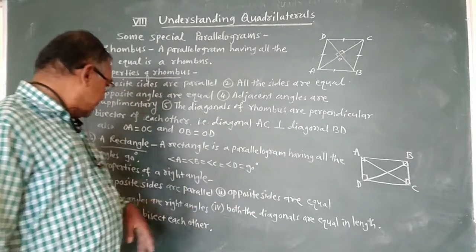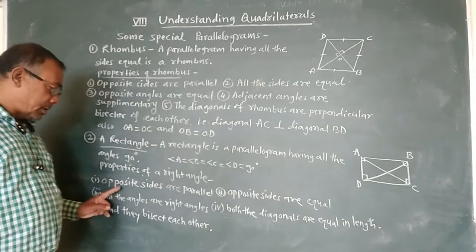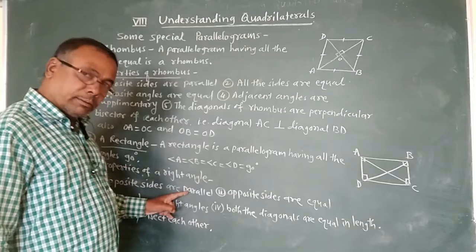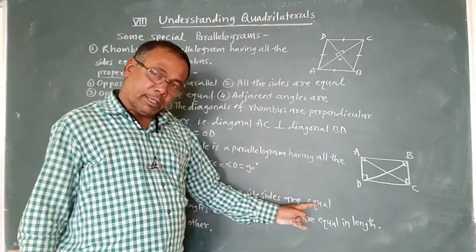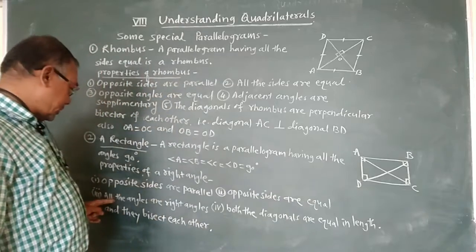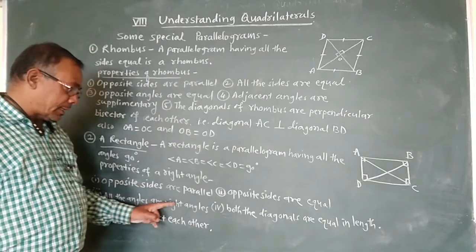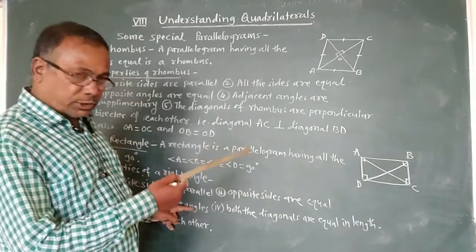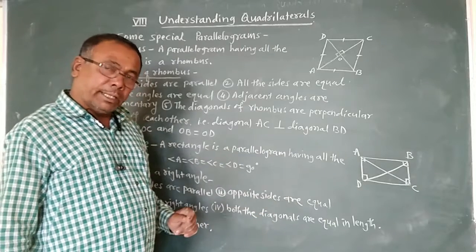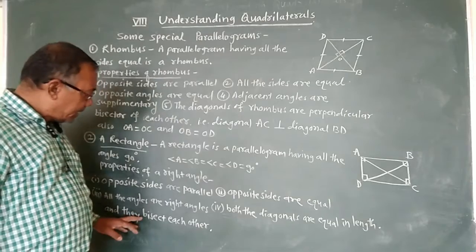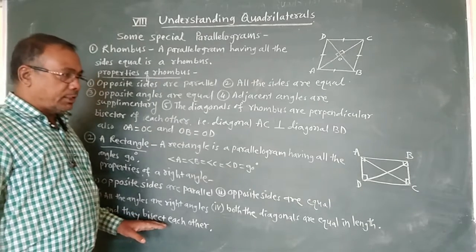Here the properties of the rectangle are: first, opposite sides are parallel, then opposite sides are equal in length, third, all the angles are right angles, as we have just seen, then both the diagonals are equal in length and they bisect each other.